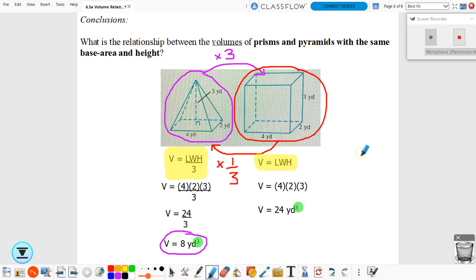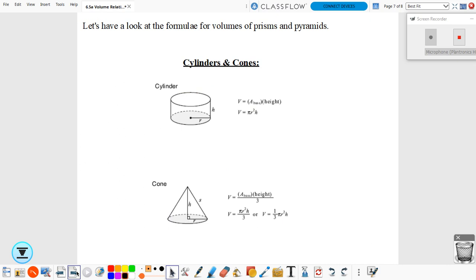You might be able to see where the volume of the pyramid came from, because all they've done is take the prism volume and divide it by 3. That's exactly the relationship between these two. In fact, perhaps that could be true for cones and cylinders. Let's have a look. The volume of this is right from your EQAO formula sheet. I copied and pasted it.